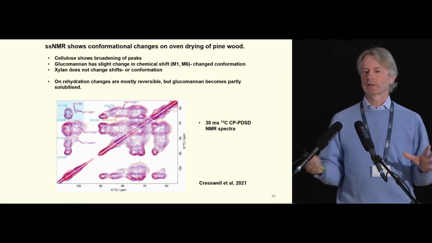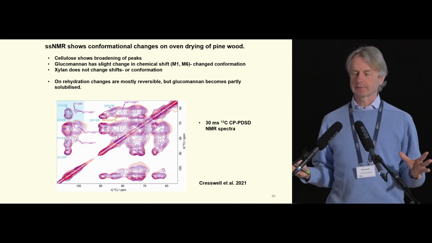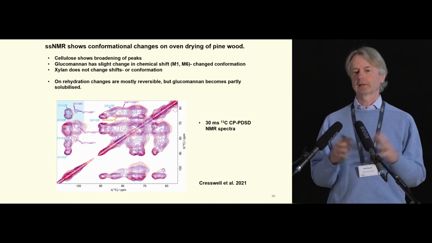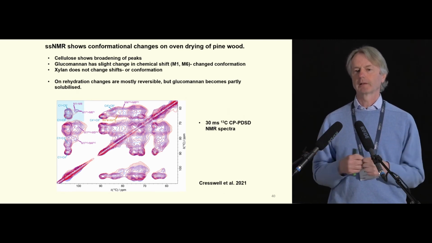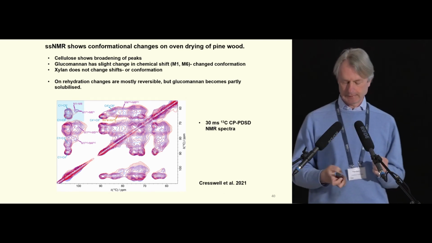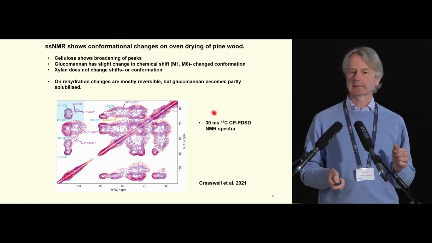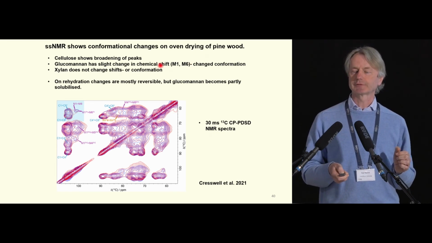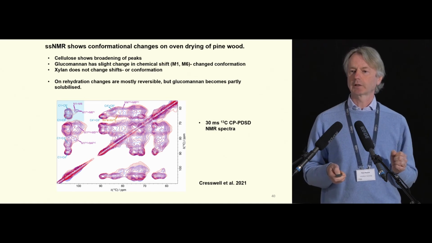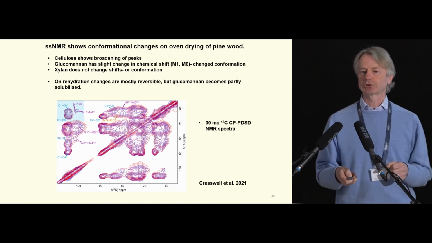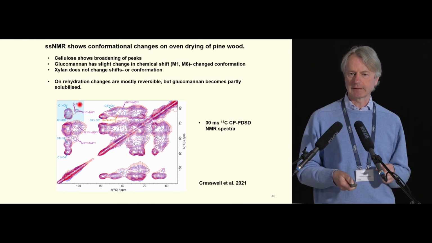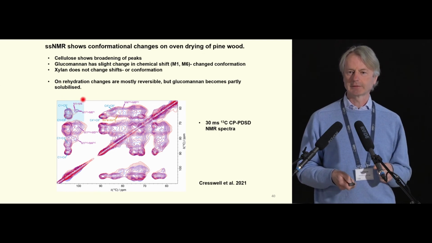So to summarize, what we saw is in the dried material, the spectra become broader, perhaps not surprisingly. But also we see that the mannan has a slight change in chemical shifts, particularly in carbon 1 and carbon 6, suggesting a changed conformation. And we can see that here, in this region here.